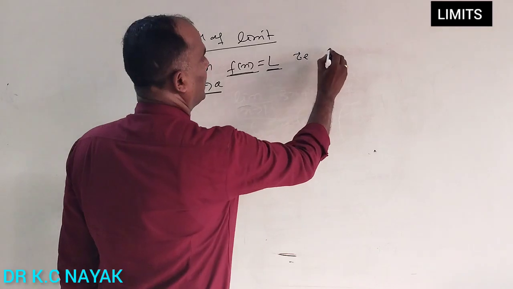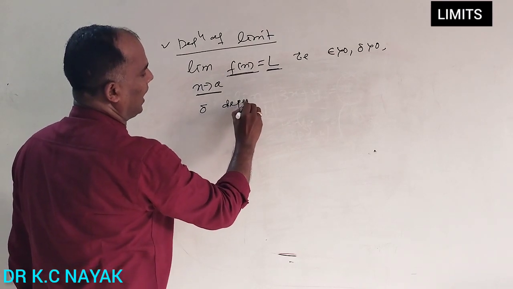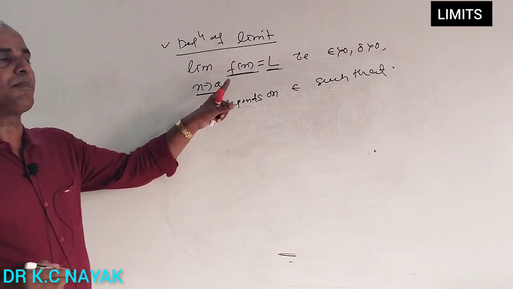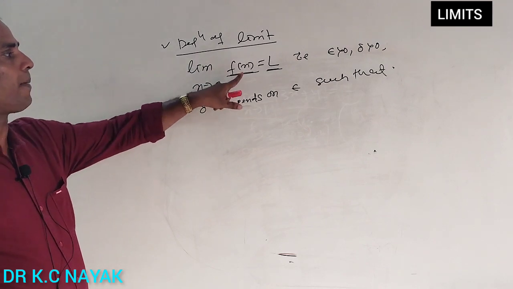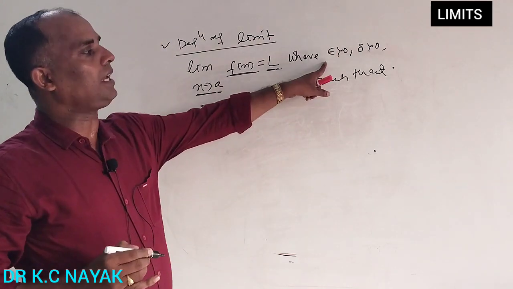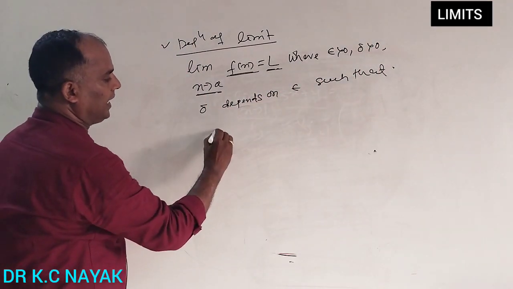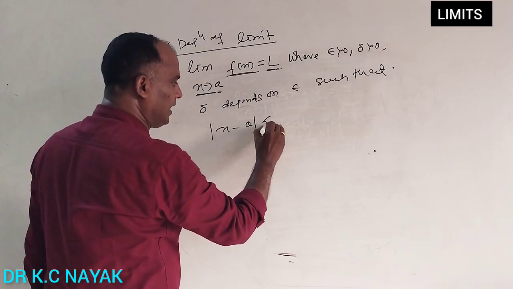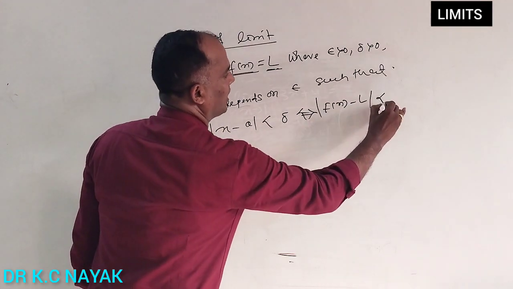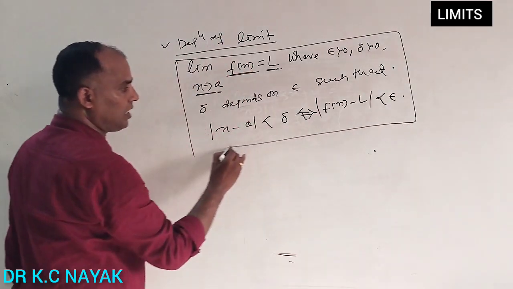That means epsilon greater than 0, delta greater than 0, where delta depends on epsilon, such that, just you see, modulus of x minus a is less than delta implies modulus of f of x minus L is less than epsilon. This is the definition of the limit.